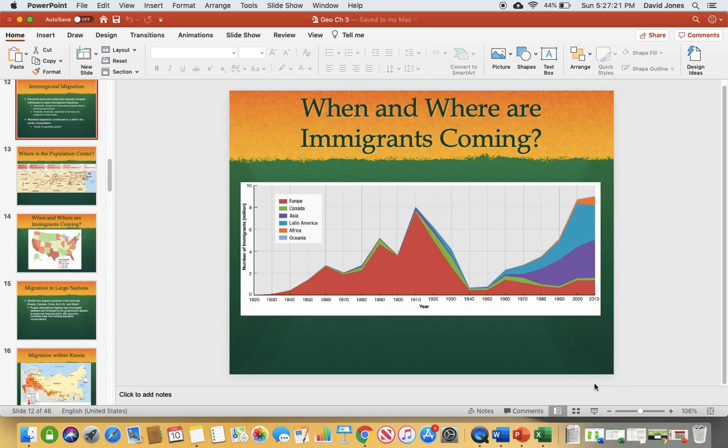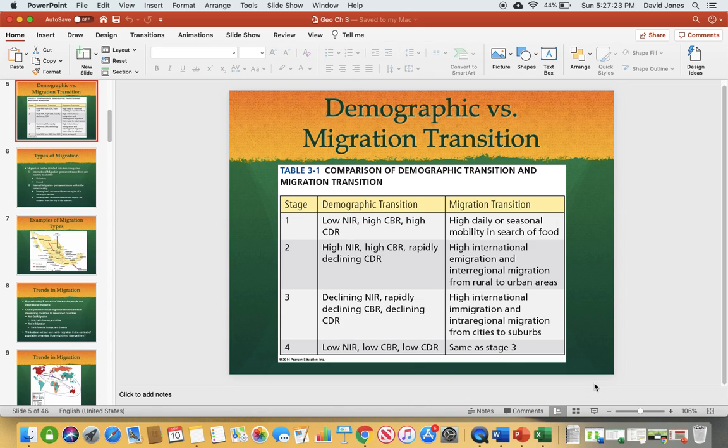Now, there was one slide at the beginning that I wanted to revisit, which talked about the link between this model and the demographic transition model. Remember, stage 1 countries don't exist anymore. But when they did exist, migration tended to be daily or seasonal in terms of food. This links to the agriculture unit, pastoral nomadism.